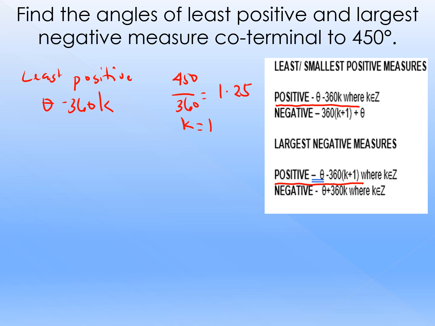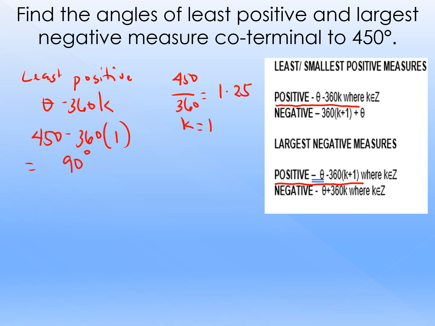So now, we're going to substitute. Instead of writing theta, we're going to write 450 minus 360 times your k, which is equal to 1. Now, 450 minus 360 times 1, the answer is 90 degrees. Therefore, the least positive measure coterminal to 450 degrees is equal to 90 degrees.